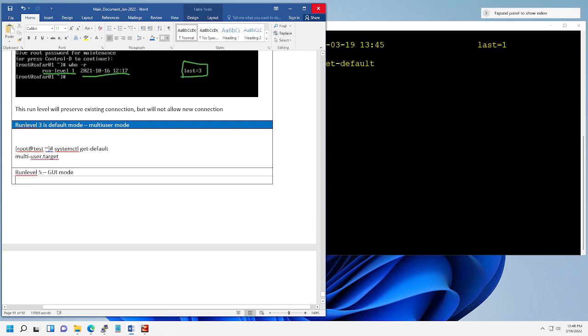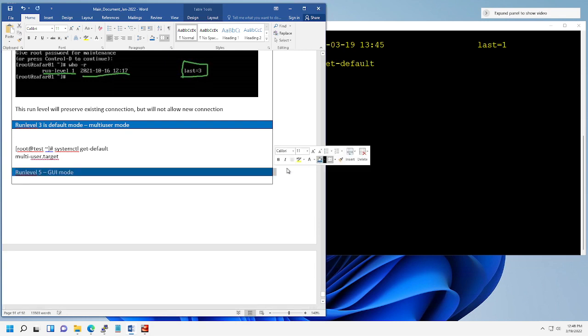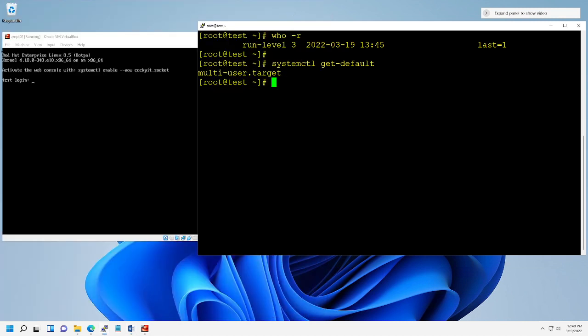So realistically speaking, you could have that GUI mode in there, but nobody is using GUI mode either. But I think I should show you. It may not go into GUI mode now because the GUI mode is not installed.